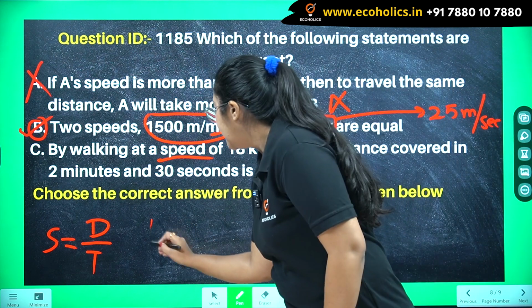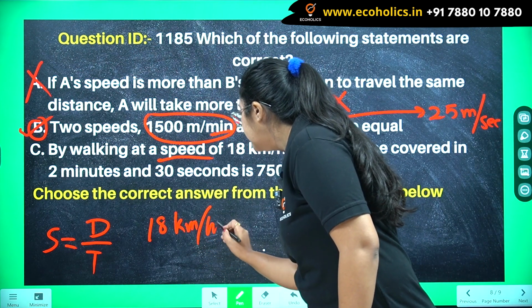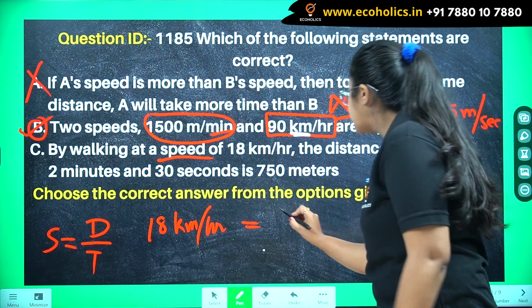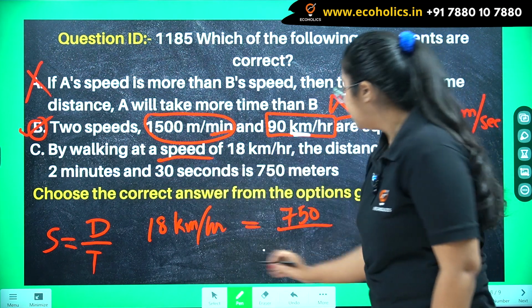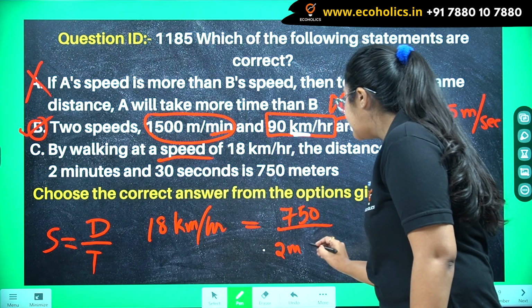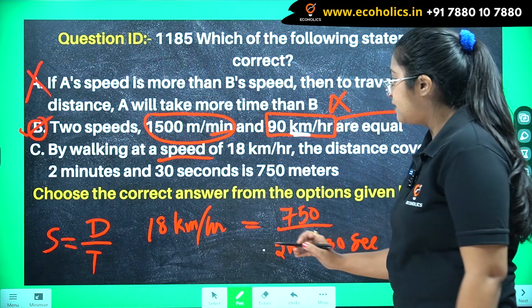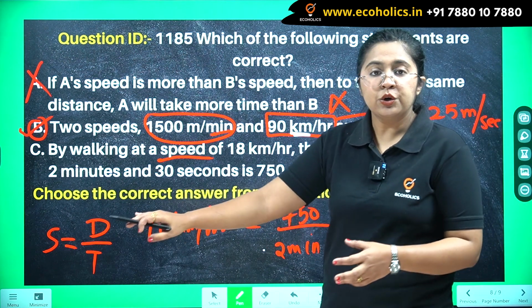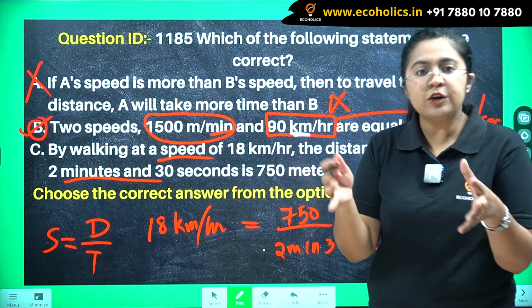Speed is 18 kilometer per hour, and we have to check whether it is equal to distance, which is 750 meters, upon time, 2 minutes and 30 seconds. Now because we already have meters, it's easier for us to convert the 2 minutes 30 seconds into seconds.